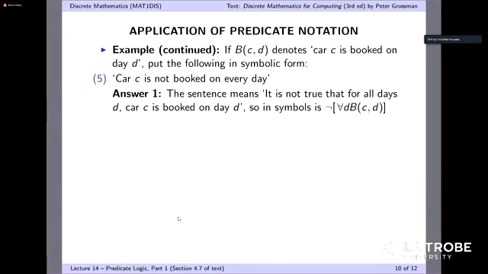Now this sentence can also be written down as we said over there. There exists D, and you put not B, C, D. So you can write it like that as well if you like.